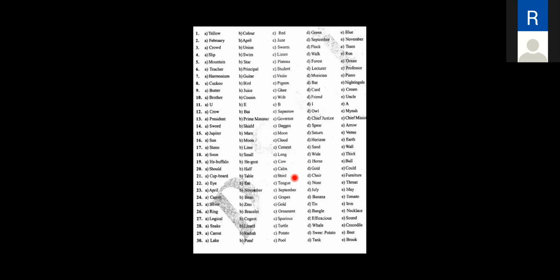Question number 9. Read it. Butter, juice, ghee, curd, and cream. Now, among these, you can consider butter, ghee, curd, and cream. All these are products of milk.